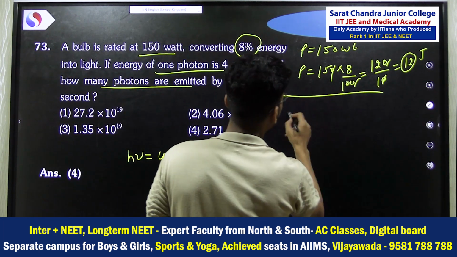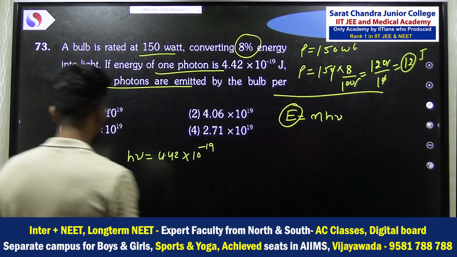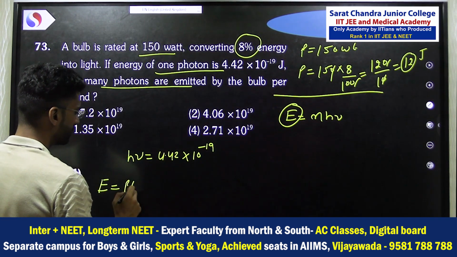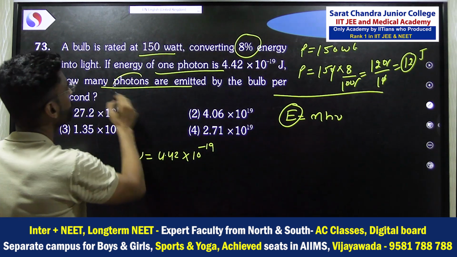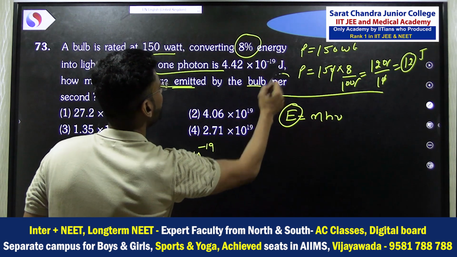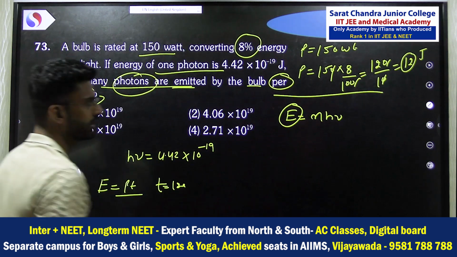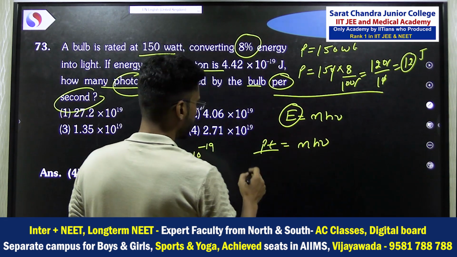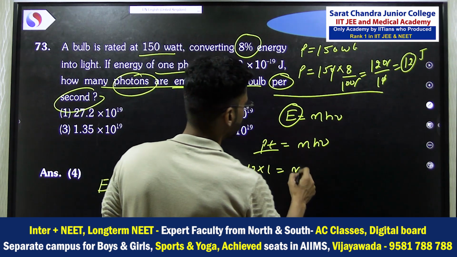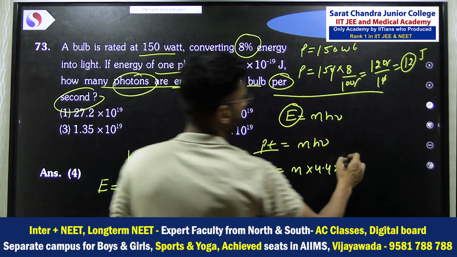I know the formula of energy: E is equal to N h nu. And I also know that energy is equal to power into time. They are asking how many photons are emitted by the bulb per second, which means time is equal to 1 second. Energy, Pt, equals N h nu. This is 12 into 1 equals N into 4.4 into 10 raised to power minus 19.